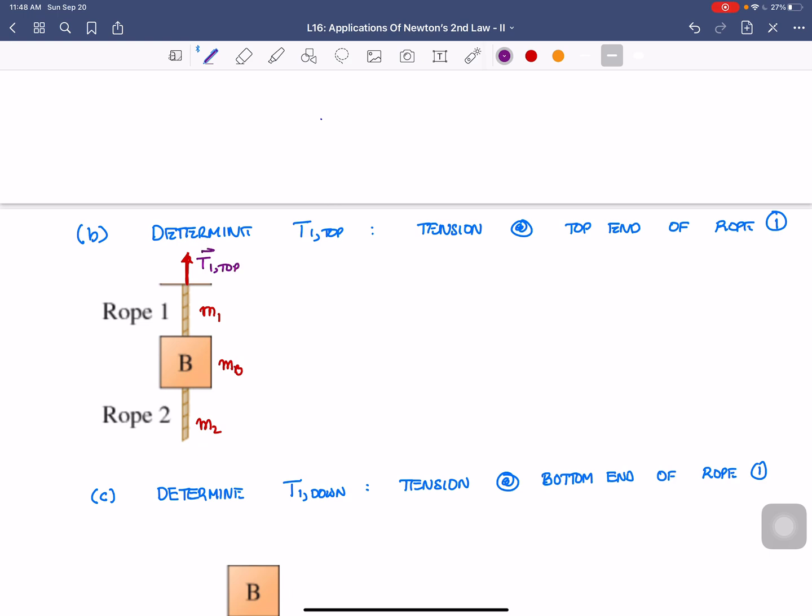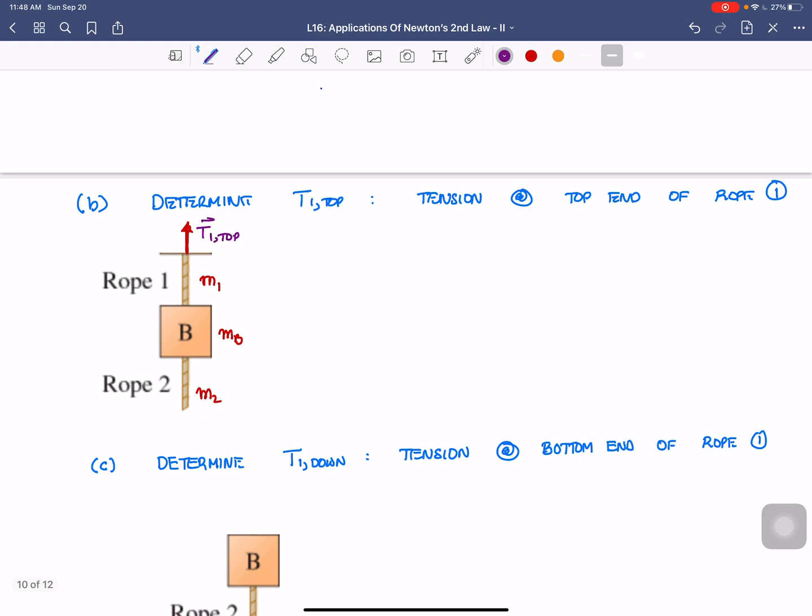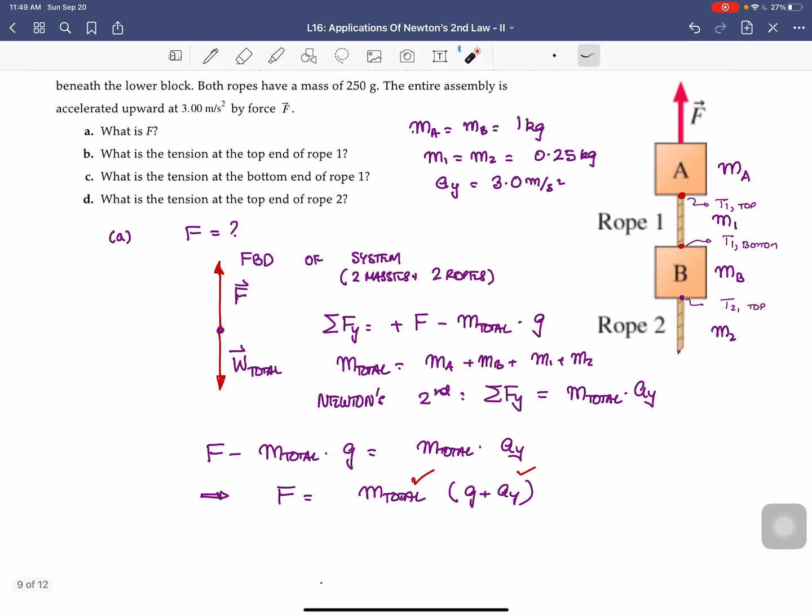Now, the argument here is, if you draw a free body diagram of rope 1 plus M sub B plus rope 2, so we are ignoring M sub A, this block here.